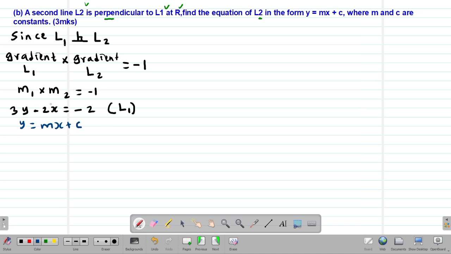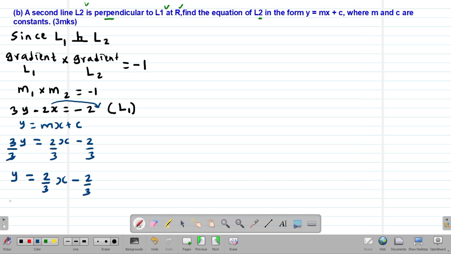To achieve that, I'll start by taking -2x to the right hand side of this equation, so that I end up with 3y equals 2x minus 2. If I want it in the form y equals mx plus c, I'll divide through by 3, so that 3 and 3 cancel out, and I end up with y equals 2 over 3 x minus 2 over 3.